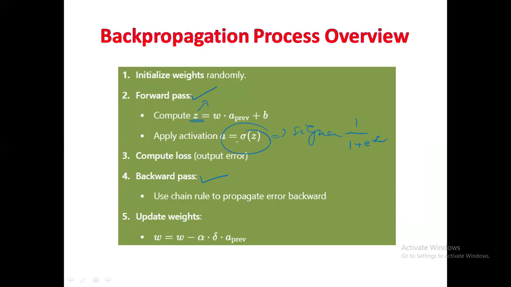After the network outputs a result, we compute the loss. Then in the backward pass, the chain rule is used to propagate the error back through the network. Chain rule we are applying. The gradient is used to update the weight using W new is equal to W old minus alpha into delta into A previous.